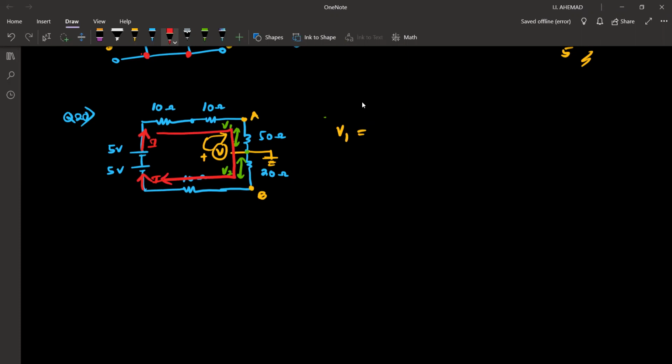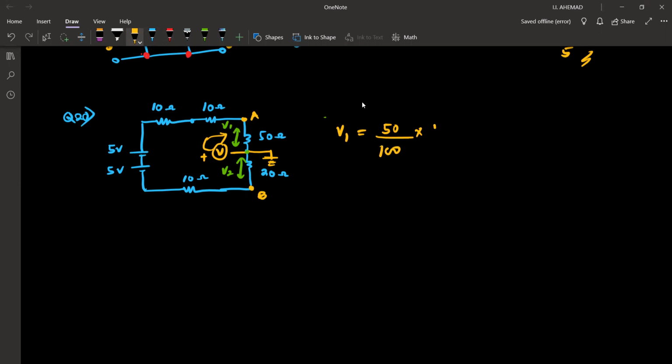So, can I straight away use the potential divider equation? Yes, because it is the same current flowing throughout. Therefore, we have V1 is equal to 50 over the total resistance, 100, right?